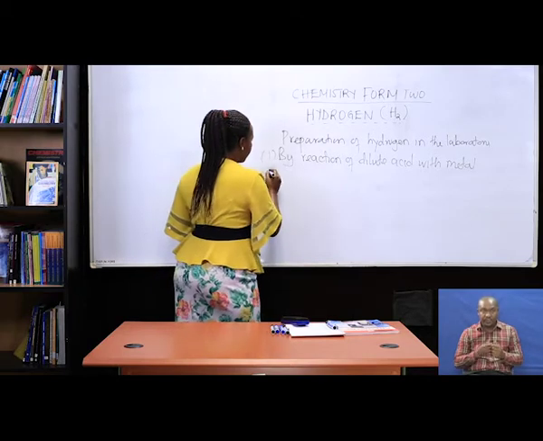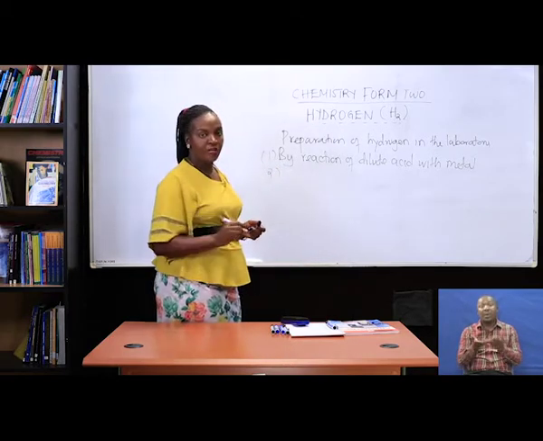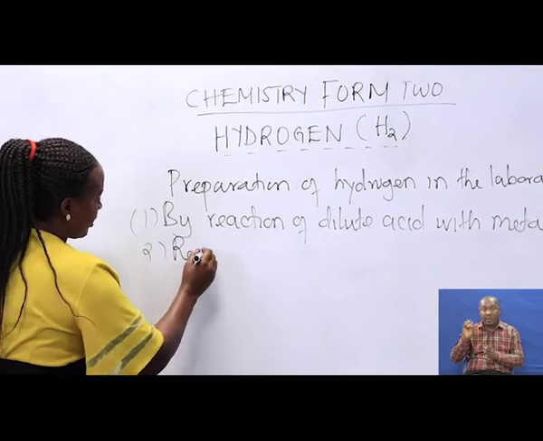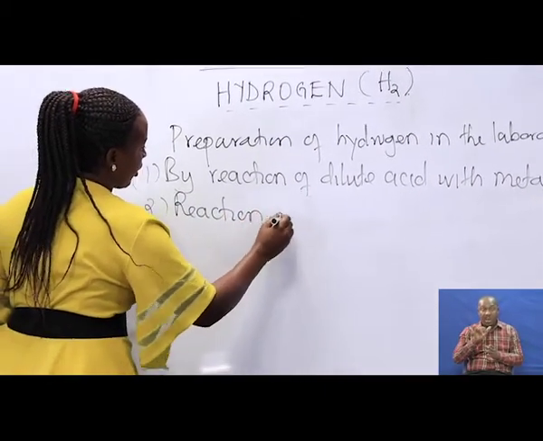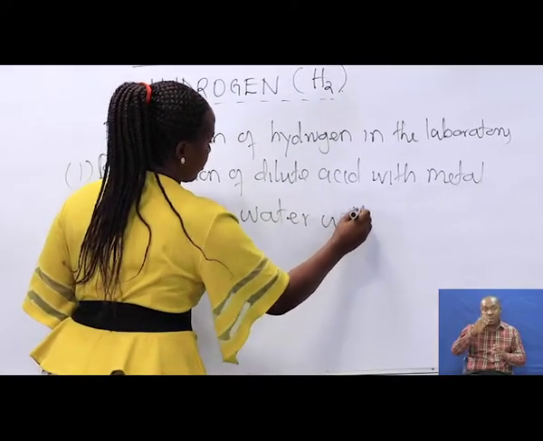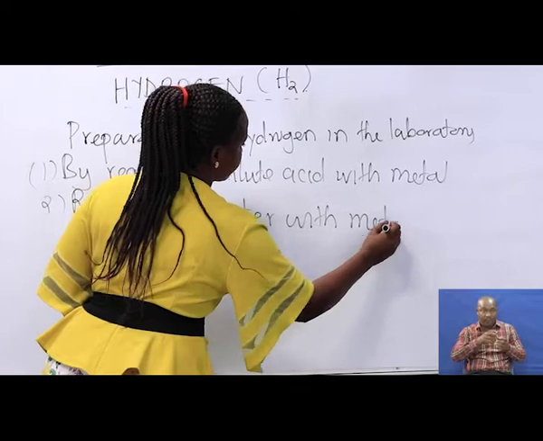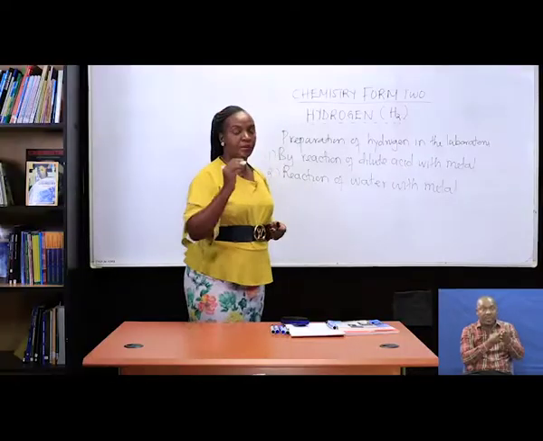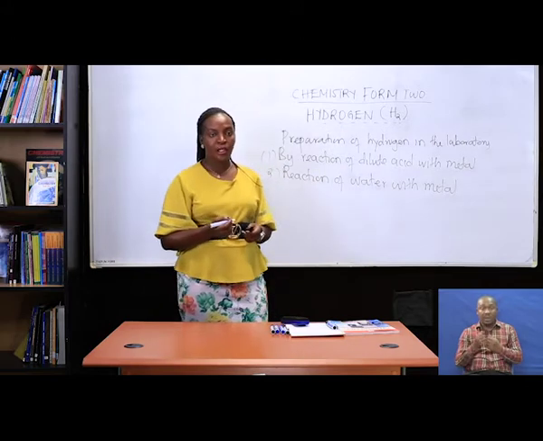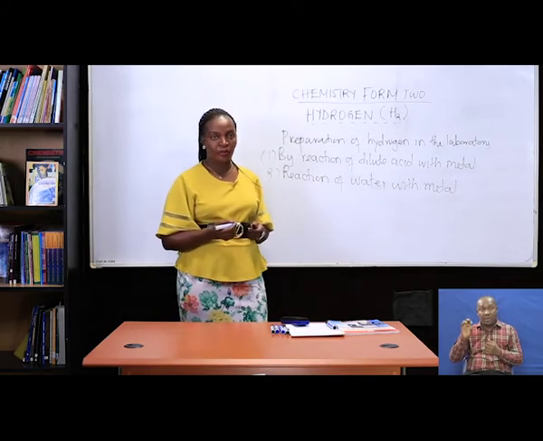But number two, we can also prepare hydrogen in the laboratory by reaction of water with the metal. So we can obtain hydrogen in the laboratory when water reacts with metal.